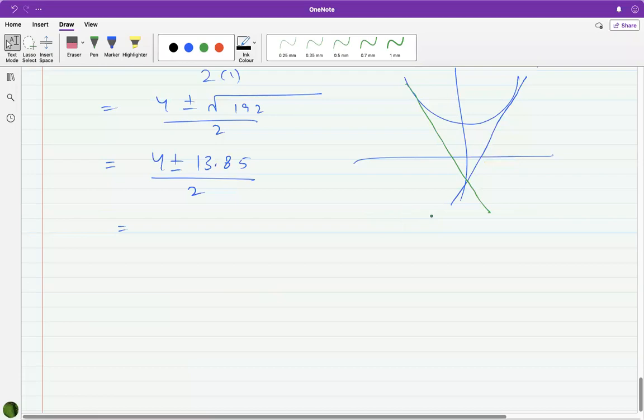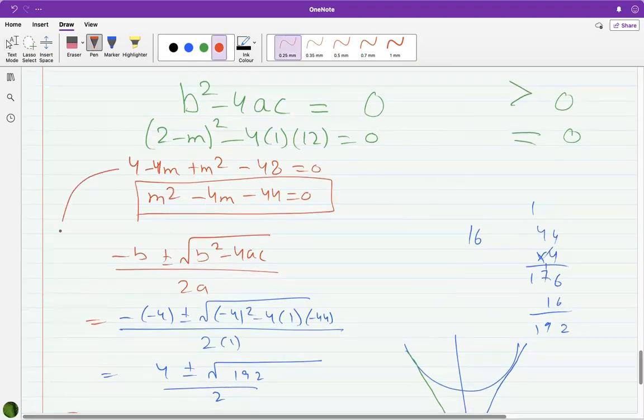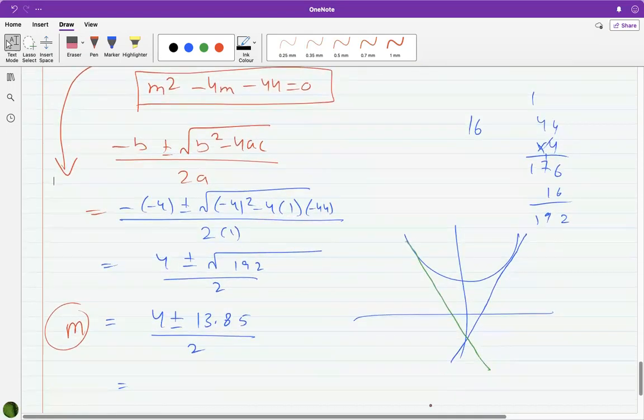I have a question. Yes. The equation is 4 plus minus 13.85 over 2, right? Since it is above 0, shouldn't it intersect the graph at two separate points? Okay, let me answer first. You're confusing two things. These are values of m. The actual equations are the curve and the straight line.